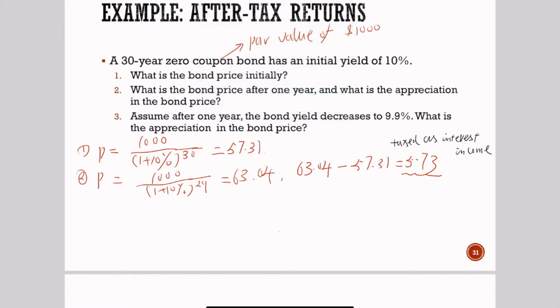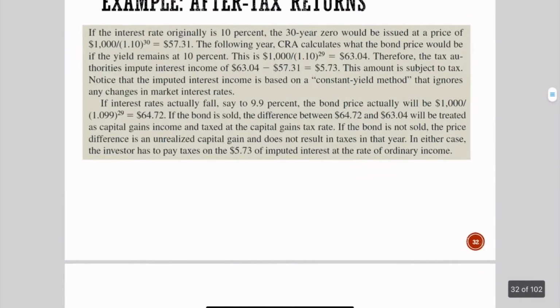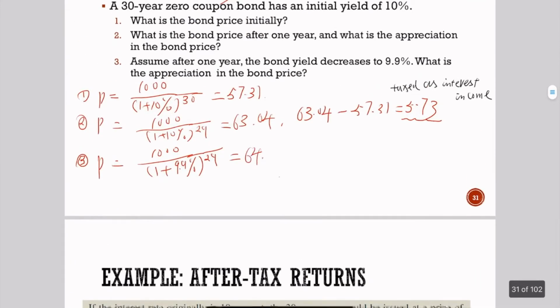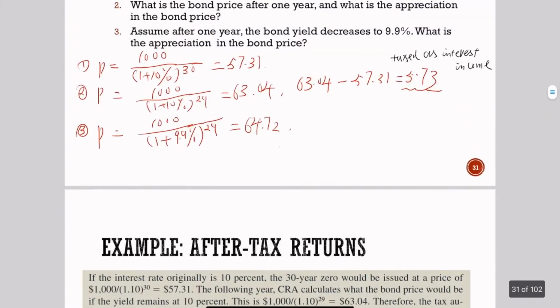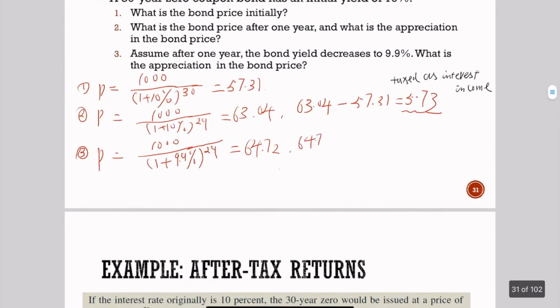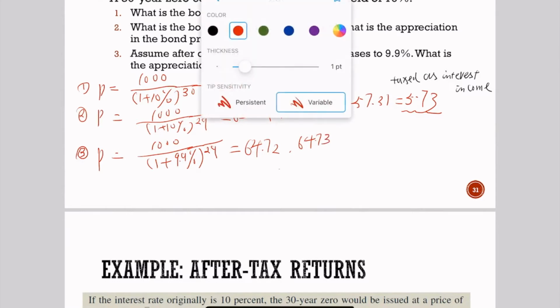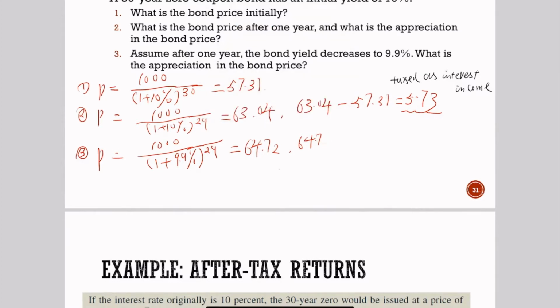Now, let's look at the third case. We assume after 1 year, the bond yield decreases to 9.9%. In this case, what is the appreciation in the bond price? Well, the formula again would almost be the same. The only difference is you will use a lower yield. So in this case, you will have 64.72. Right? And now what is the price appreciation? Well, it's 64.72 minus the initial price.